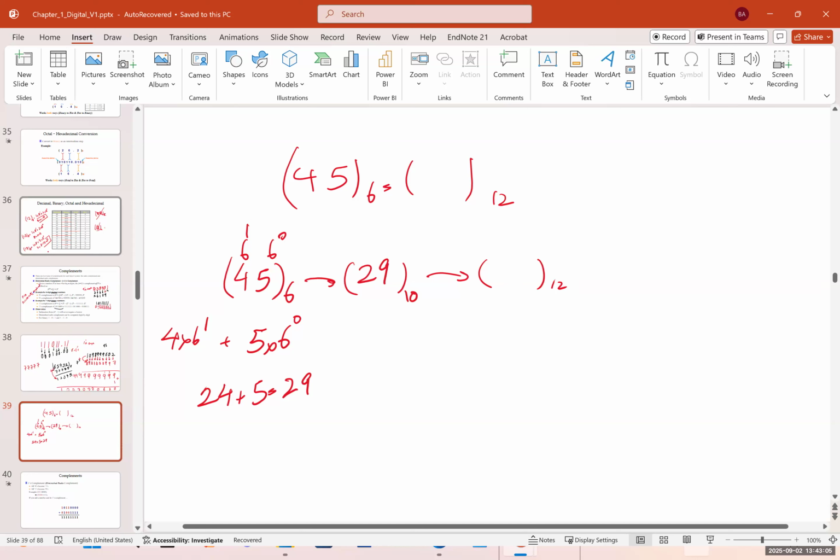Now I want to convert this, for example, to the base of 12. I have to divide it by 12. So can you help me on this one? If I divide 29 by 12, what would I have? So it's going to be 2. The remainder would be what? 5.